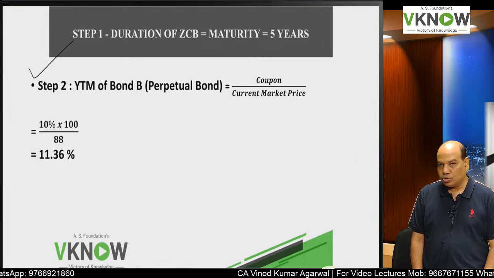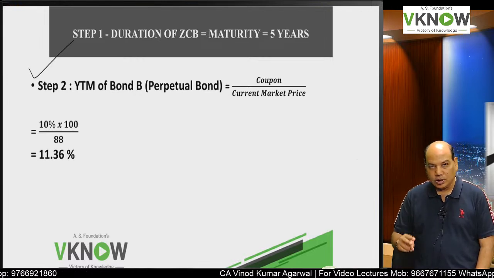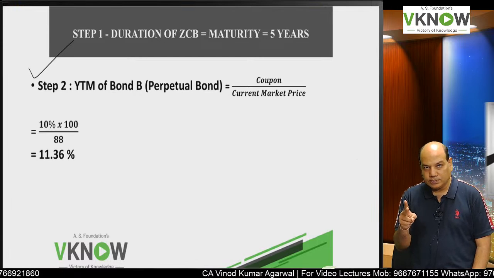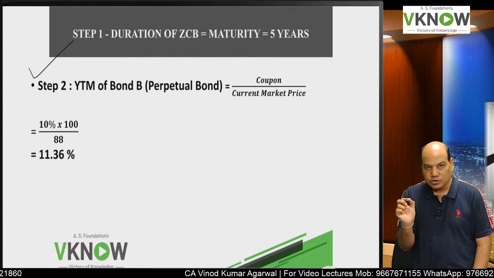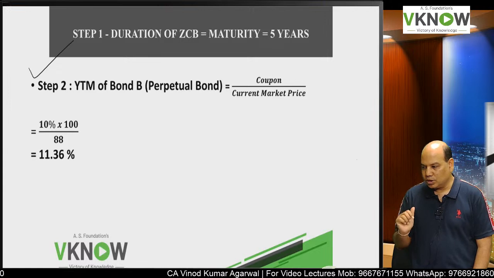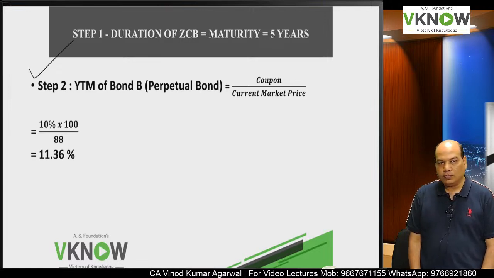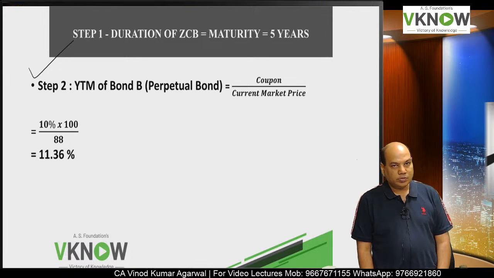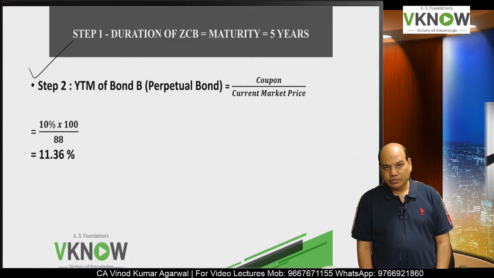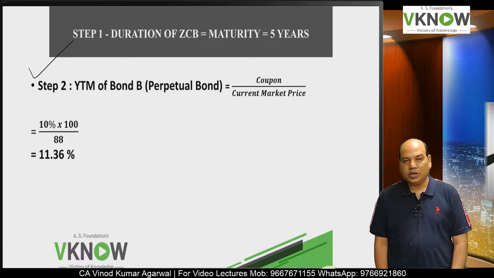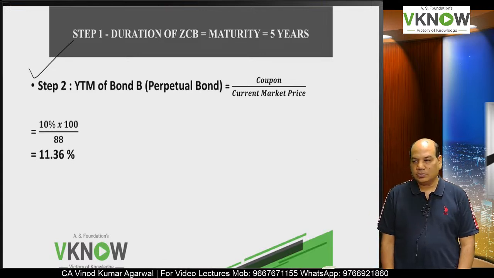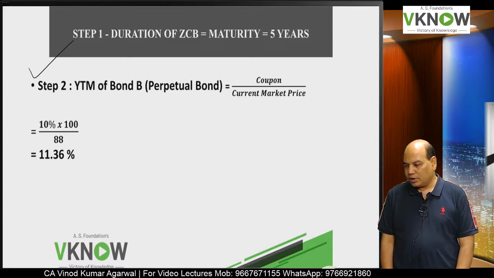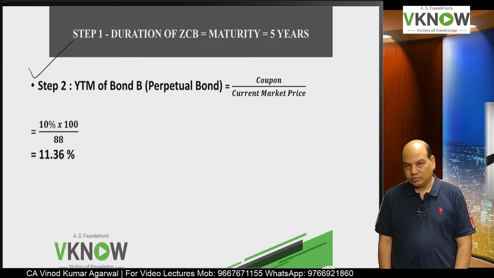Duration of zero coupon bond is equal to 5 years, but for the perpetual bond, I will first compute YTM. So write down YTM of bond B. Step 2 is YTM of bond B, that is the perpetual bond, is coupon divided by current market price.